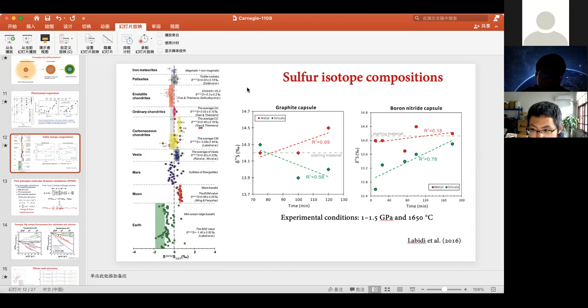So it's possible to find materials with very negative sulfur isotope composition, but until now, we have not found that. For this question, we don't know.